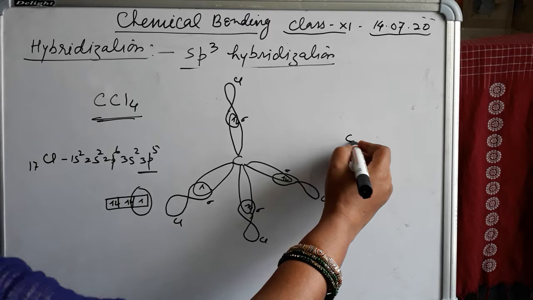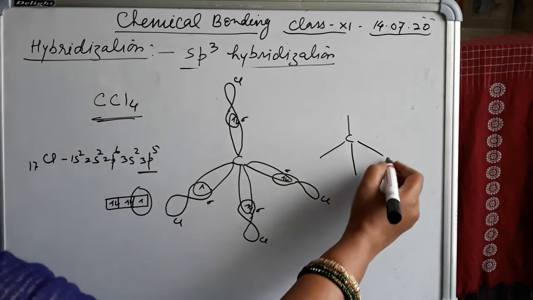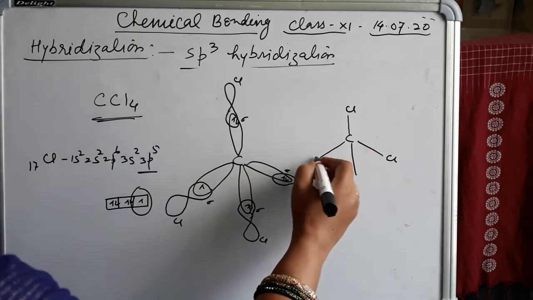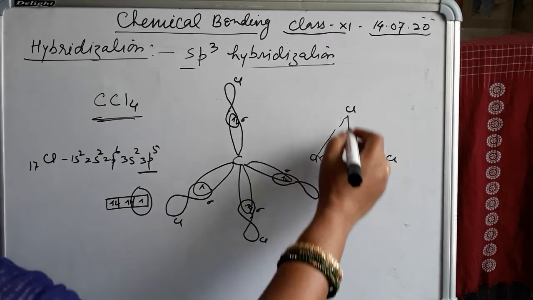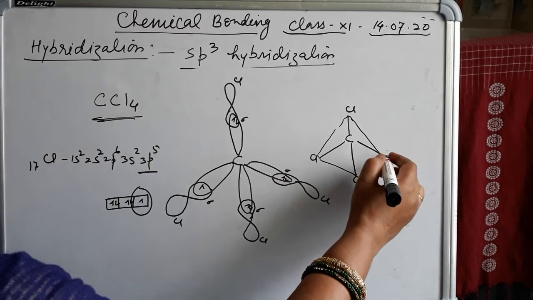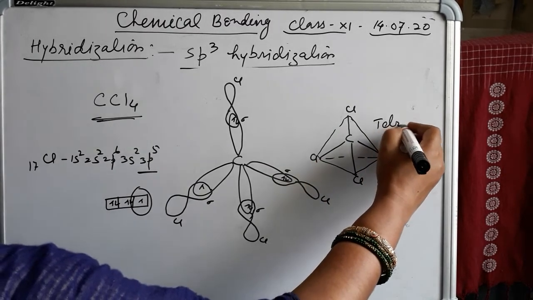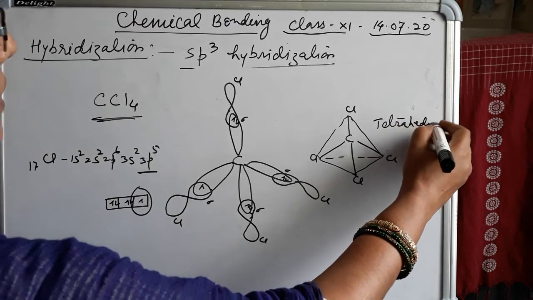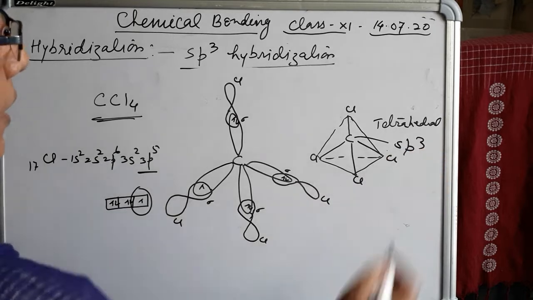The structure forms like this, CCl4, and the structure will be tetrahedral. So the structure is tetrahedral and the hybridization of the central atom is sp3.